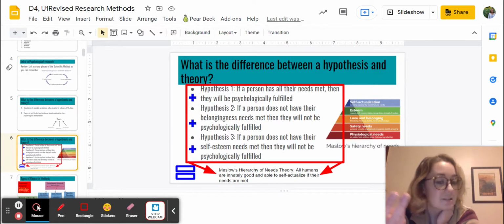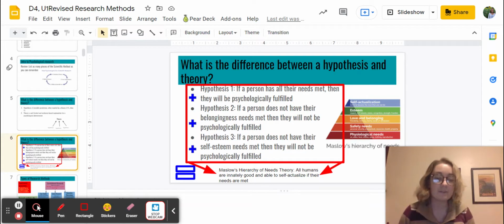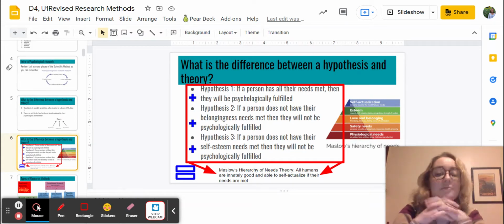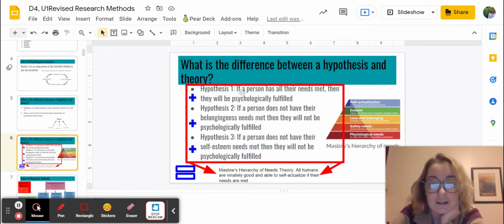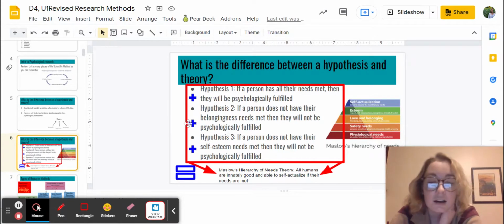So an example, I talked about this with perspectives: Maslow's hierarchy of needs theory, this idea that we have this pyramid of needs that we need to meet in order to reach our full potential. So here are some example hypotheses. If a person has all their needs met, then they'll be psychologically fulfilled. If a person does not have their belonging needs met, then they will not be fulfilled.